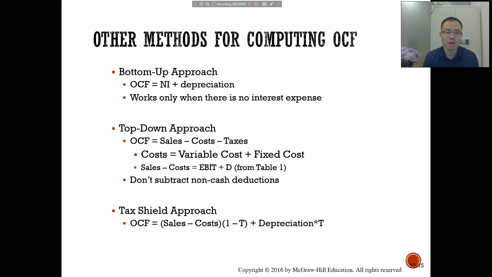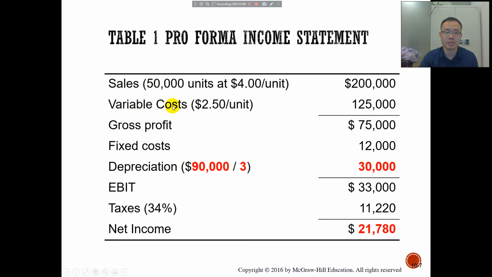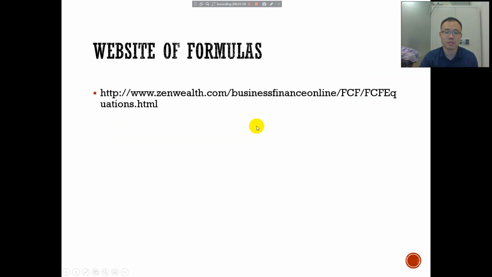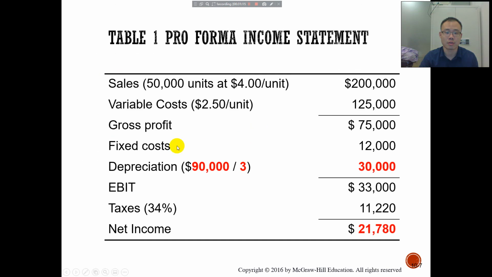Also, if we consider the tax effect, the OCF can be calculated from the tax shield approach. That is sales minus costs, which is, what is that? Sales minus costs is the gross profit. Okay, and all the costs.